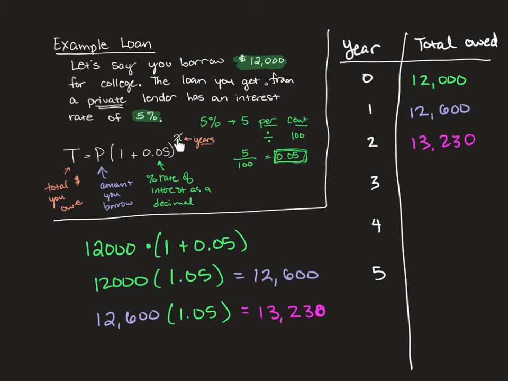And then this X is going to be the years. So another way that you could have gotten that exact same $13,230 is if you took 12,000 and multiplied by 1.05, but in this case, you raise it to the second power. That will get you that exact same $13,230.